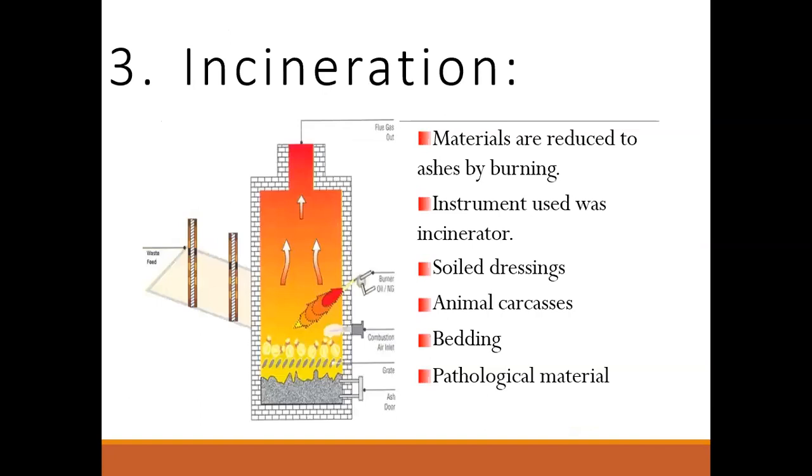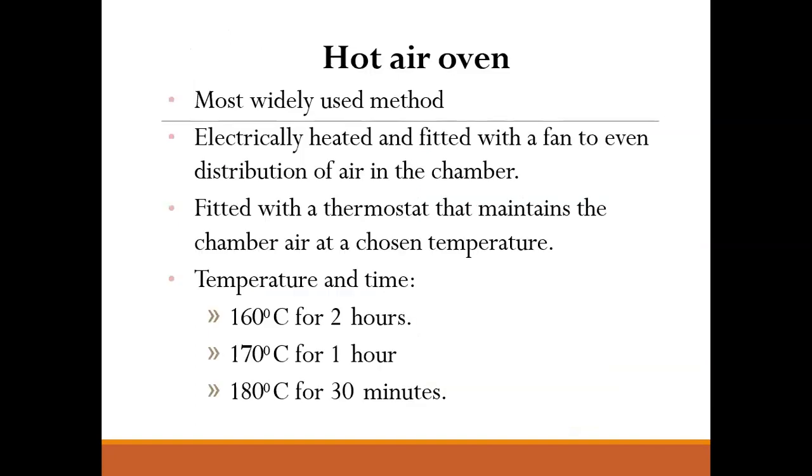Materials are reduced to ashes by burning. The instrument used is an incinerator, for solid dressings, soiled dressings, animal carcasses, bedding, and pathological material. This is the picture of incineration.